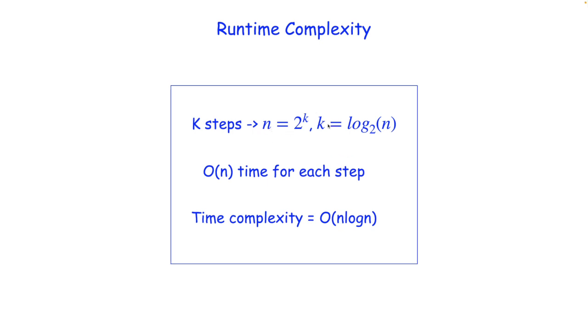So from this we get k is equal to log of n to the base 2, and at each of the steps we need O of n time, as we saw. So the total time complexity will be O of n times log of n.